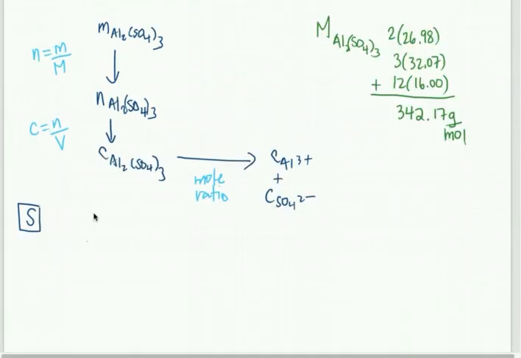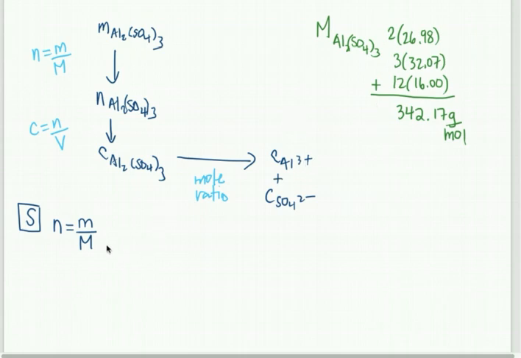The first step is to get to the amount of aluminum sulfate here. So we're going to use the formula mass divided by molar mass. Again, I did the molar mass here. It's a little bit tricky. So you have 2 aluminums, you have 3 sulfates, and then you have 12 oxygens.